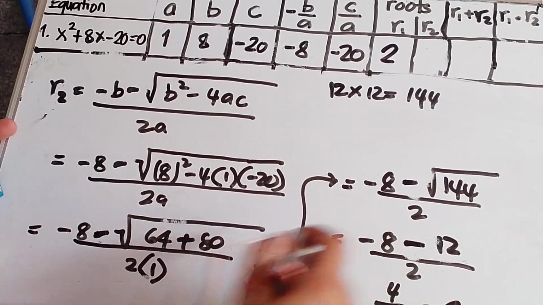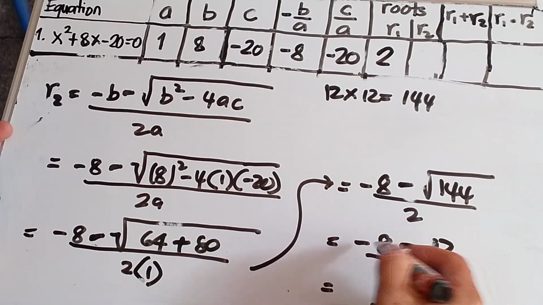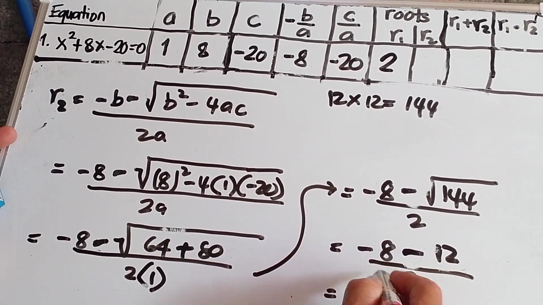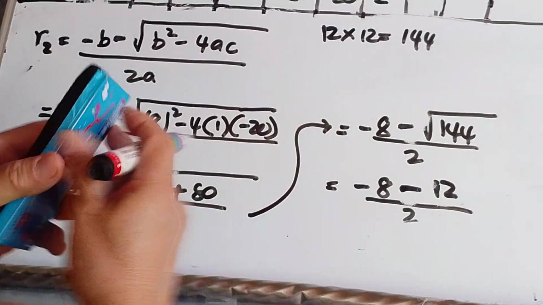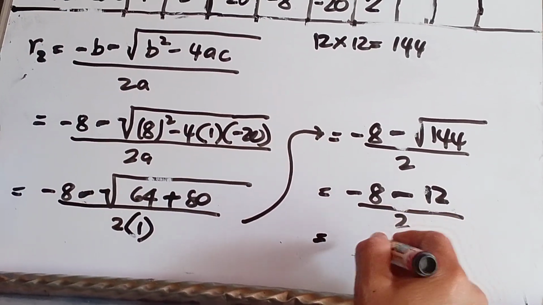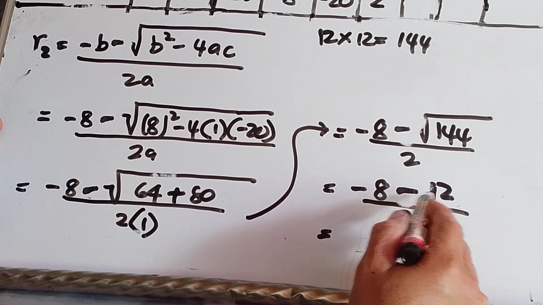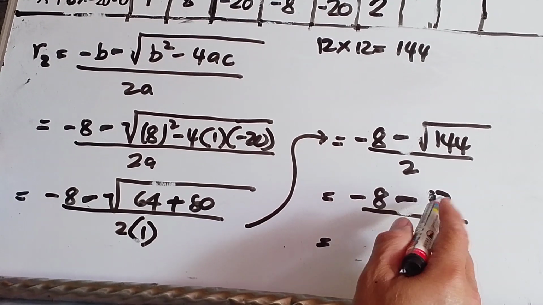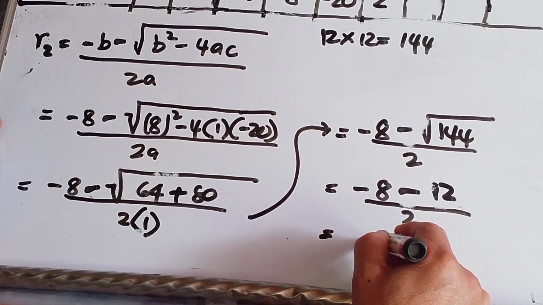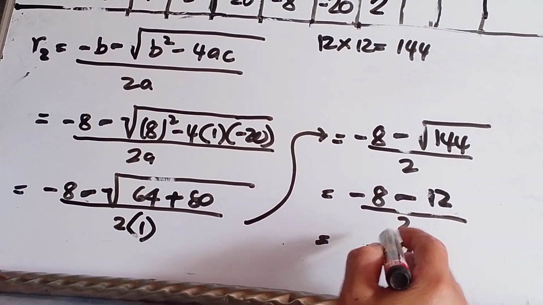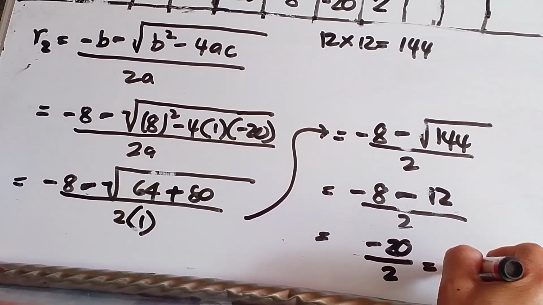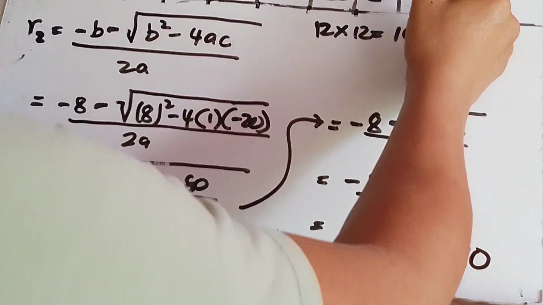Okay, so we will start here. Minus 8 minus 12 over 2. What is minus 8 minus 12? Since they have the same sign, just add. 8 plus 12 is 20. Then the sign is minus because of the common sign, then divide by 2. So this will be minus 10.